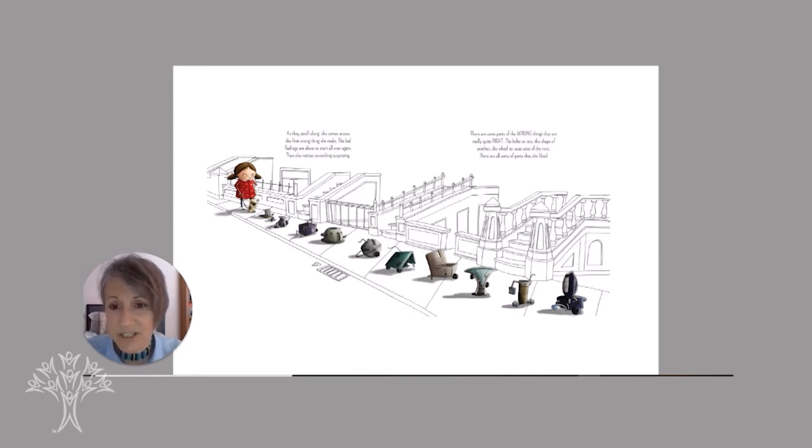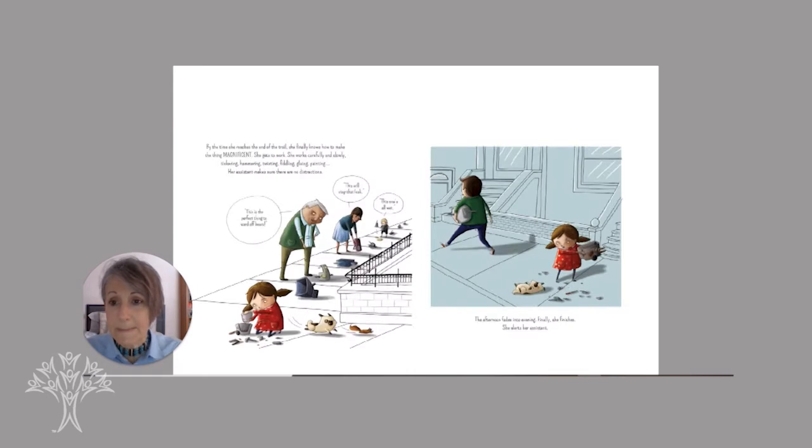Then she notices something surprising. There are some parts of the wrong things that are really quite right. The bolts on one, the shape of another, the wheel to seat ratio of the next. There are all sorts of parts that she likes. By the time she reaches the end of the trail, she finally knows how to make the thing magnificent.